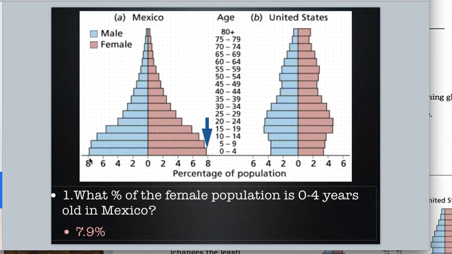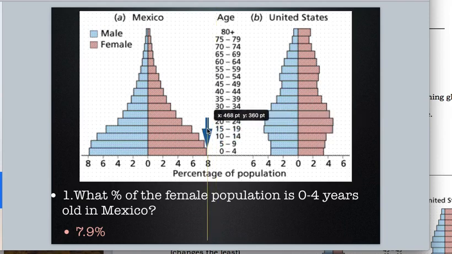Roughly the same for boys too. Now, if we look at the United States, for girls, that's this line right here. So there's less than 4% of the United States population that is 0 to 4 years old. So there's more than double the amount of baby girls in Mexico as there are baby girls in the United States. Same thing for boys, which is true. Mexico's population is a lot bigger than ours.